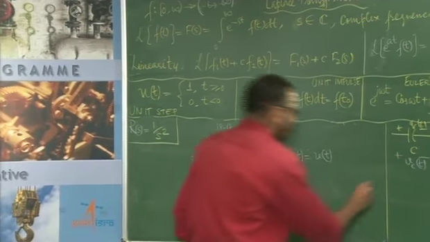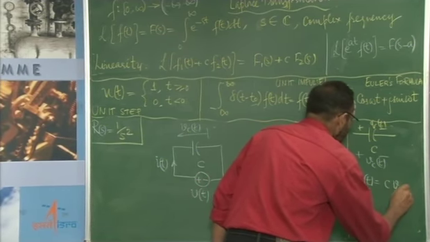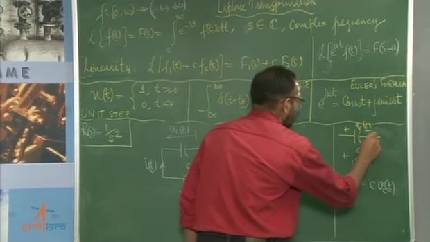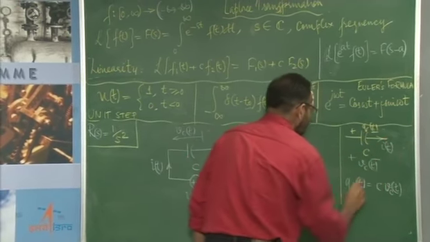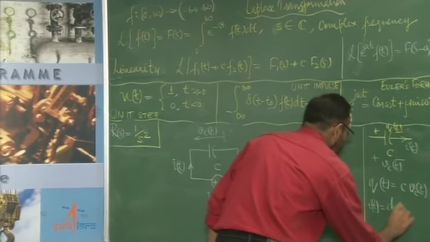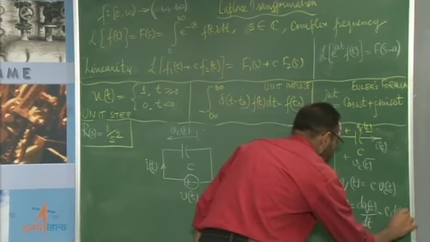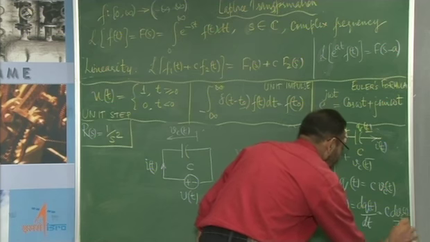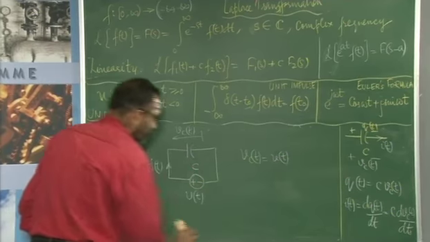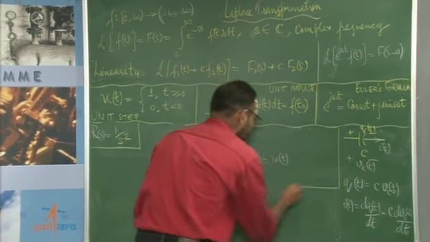In this context, we know that Q of t is equal to C V c of t. And therefore, if I were to call this current I of t, then I of t is the differential of the charge dQ by dt, which is C dVc of t by dt.